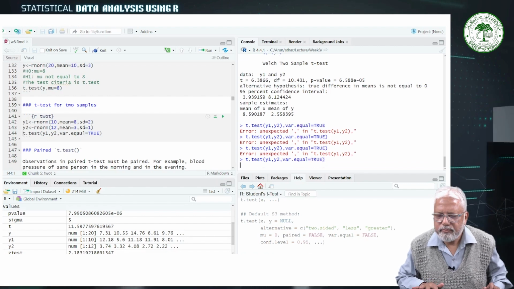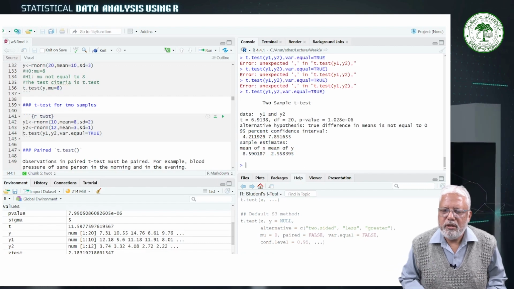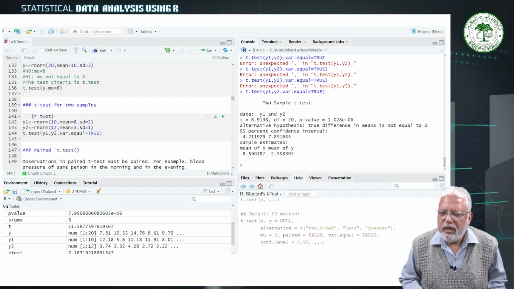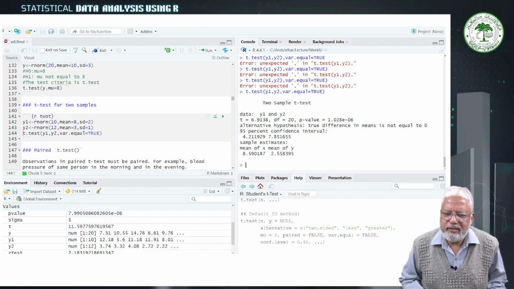Here you see the degrees of freedom is 20, because it is the exact t-test. It is the exact t-test. And it is also giving a p-value which is much less than 0.05.